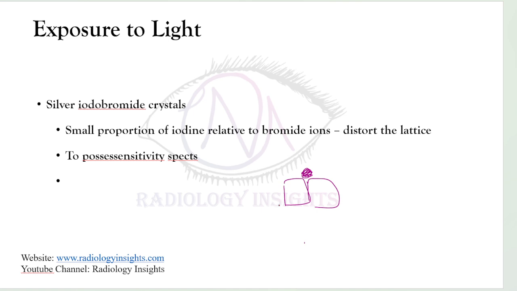This silver iodobromide crystal absorbs the light photon. An electron migrates to this sensitivity speck where its potential energy will be lowest, and when hundreds of photons are absorbed by the crystal, enough electrons are accumulated in this sensitivity speck to attract mobile silver ions from within the crystal.